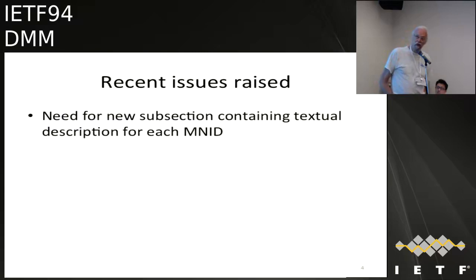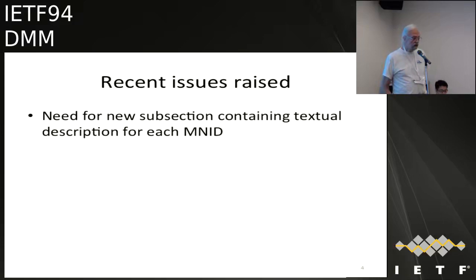But anyway, the major point I wanted to ask about, and this is the last part of my presentation, was that it was requested to make a subsection for each mobile node identifier type to explain something more about what it was and the format and all that. And that can be done, but it would probably make the draft about 3 times larger, especially if I had to put in a lot of information about the format of each identifier.